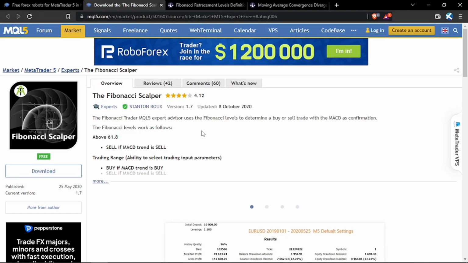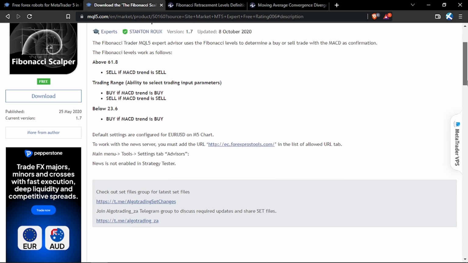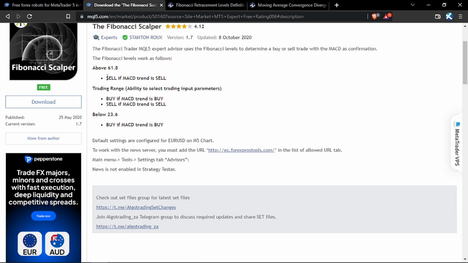The Fibonacci Trader is an MQL5 expert advisor that uses Fibonacci levels to determine a buy or sell trade with the MACD as confirmation. It uses the following important Fibonacci levels: above 61.8, which is sell if the MACD trend is sell.